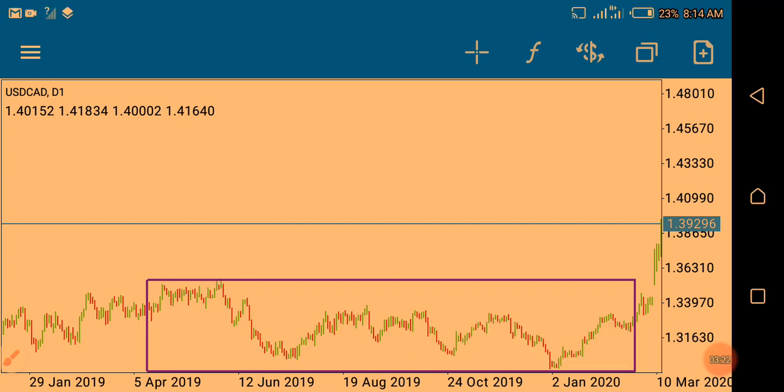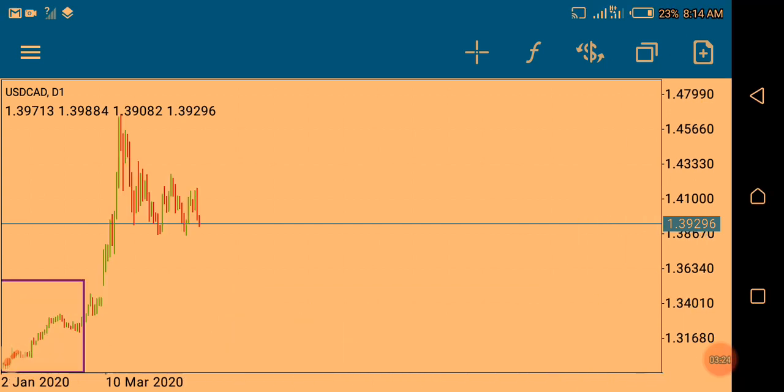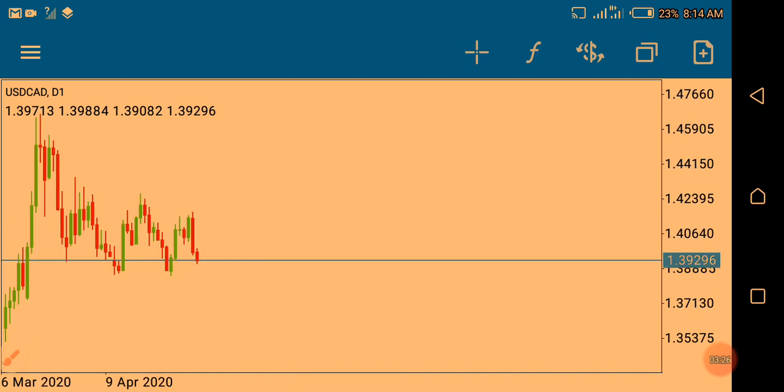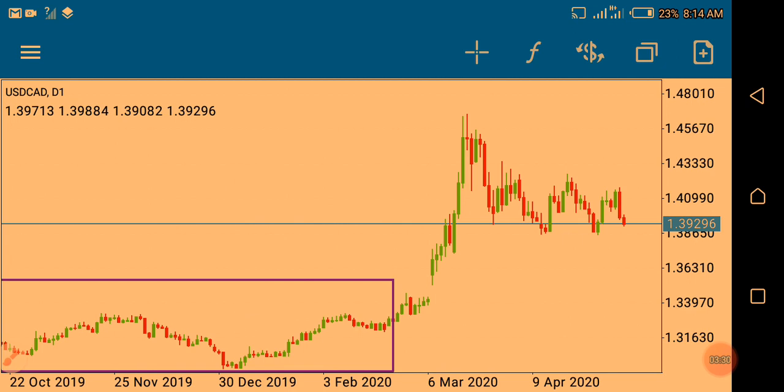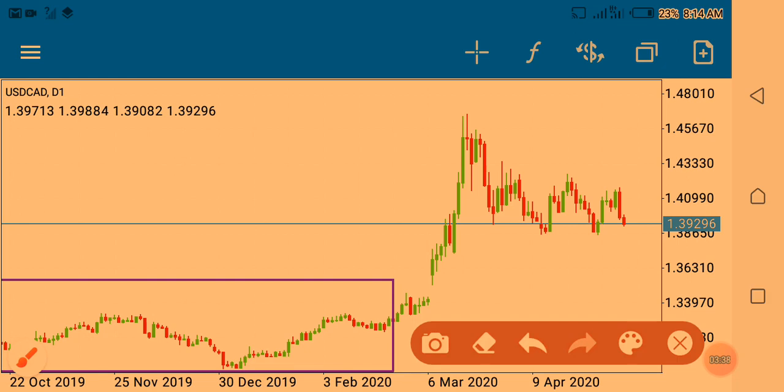So that's price action. But when it came to this point here, where it began gathering momentum, you can see it broke out of this ranging market, which is also a downtrend for now. It broke out and started a new trend, which is an upward trend. This was the breakout, and it just went up.